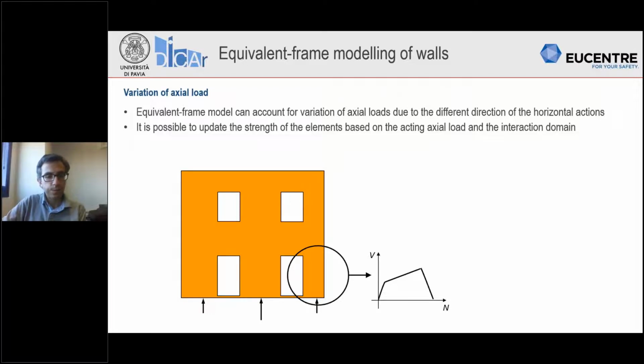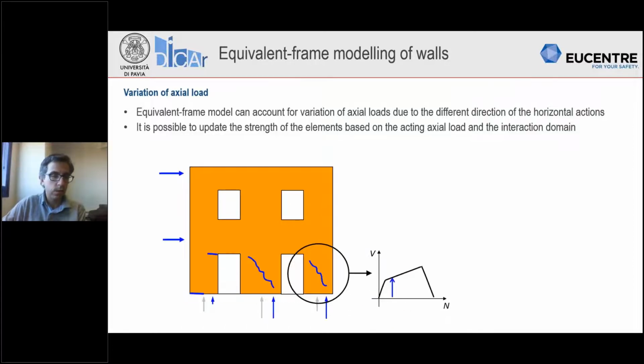For example, if we consider this simple wall and we are focusing on this element, this pier, this is the interaction domain of the piers. Now let's assume of having a horizontal action which is rightwards. So this pier probably will have an increment of axial load, and it will be characterized probably by shear failure, or at least a shear mechanism.